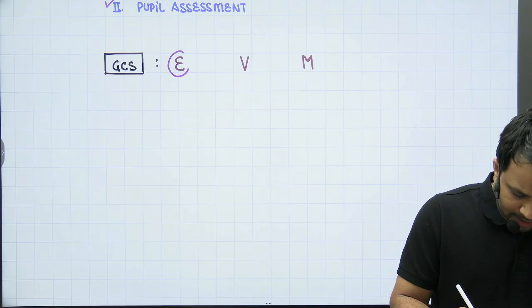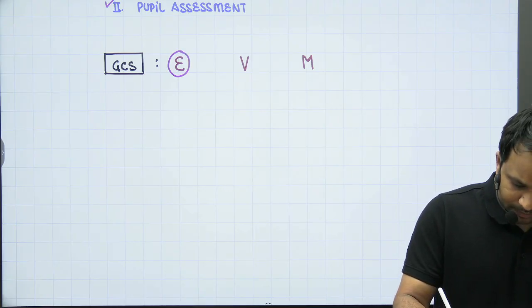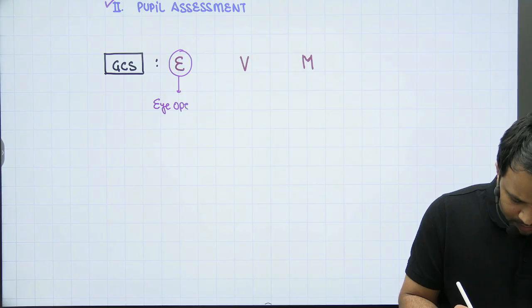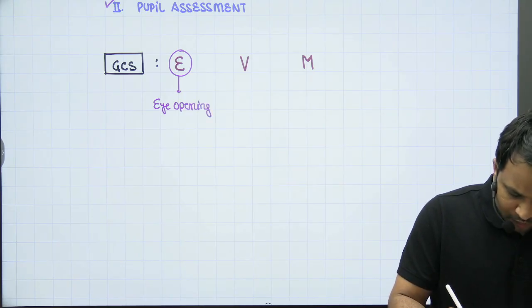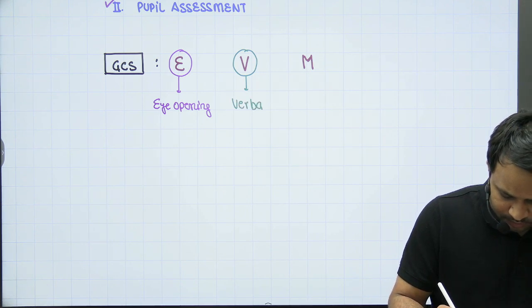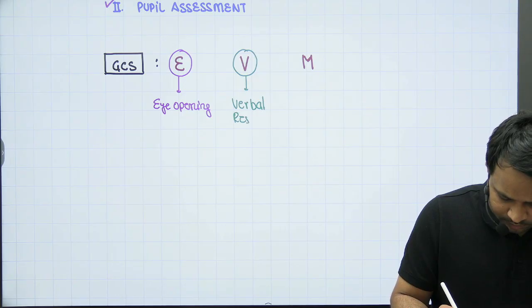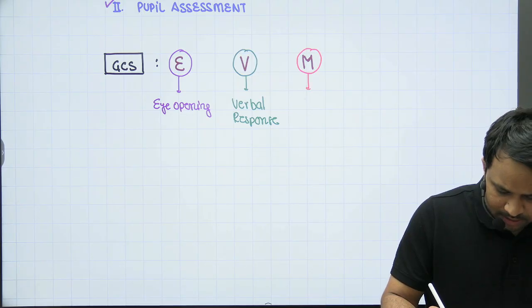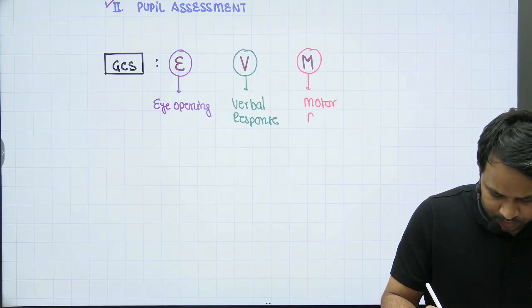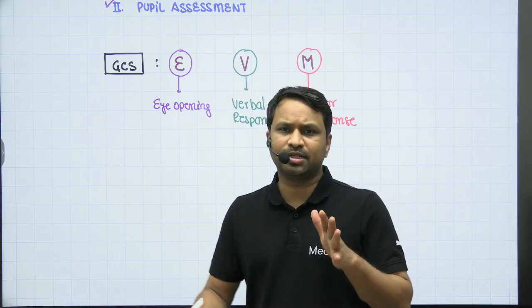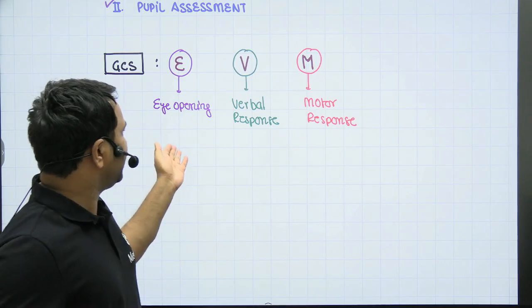E stands for eye opening, V for verbal response, and the most sensitive criteria is the motor response. This is how you calculate your GCS score, as E, V, and M.